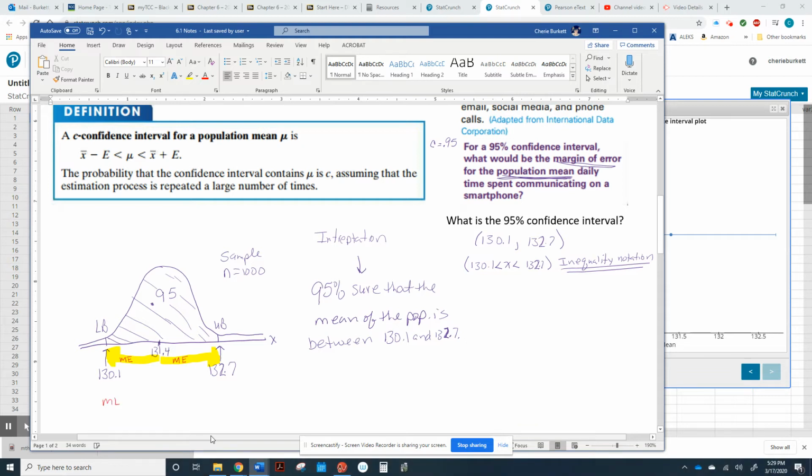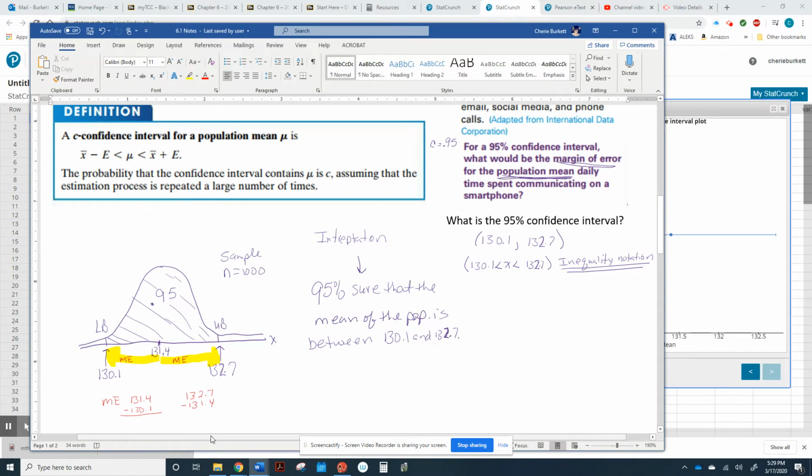So the margin of error can be calculated by taking 131.4 and subtracting 130.1. Or you could do it this way, and it should be the same answer: 132.7 minus 131.4.